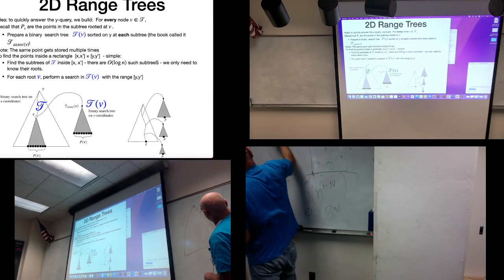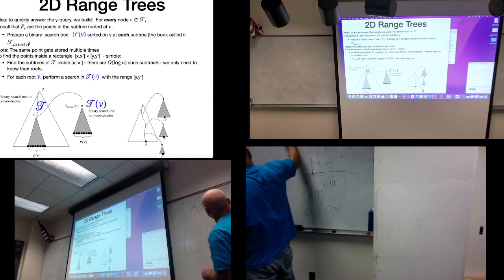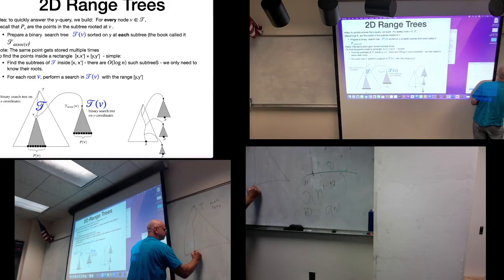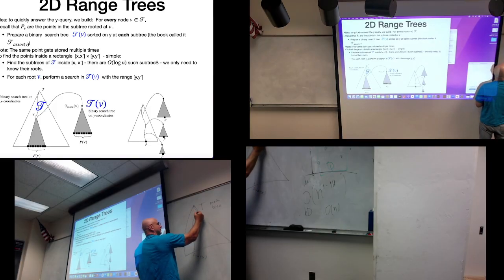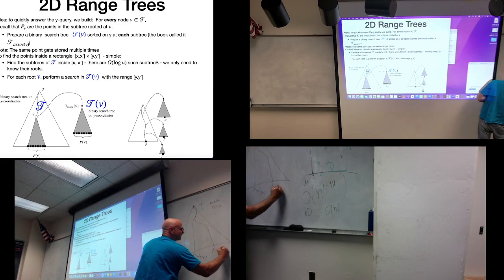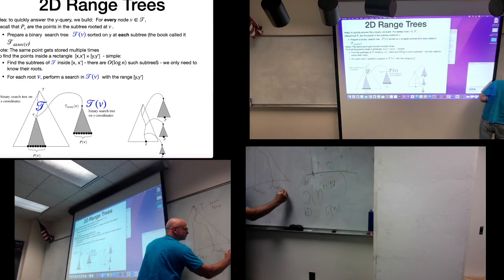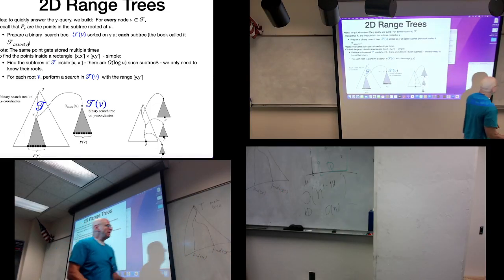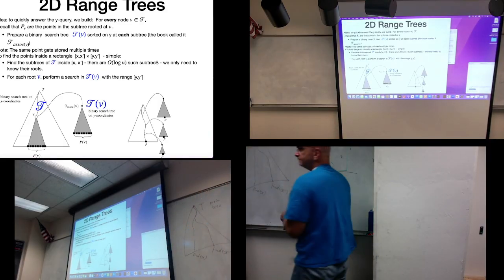This will be T, the main tree. I perform a query by find of X, perform another query by find X prime, ignoring the Y and the Y prime.